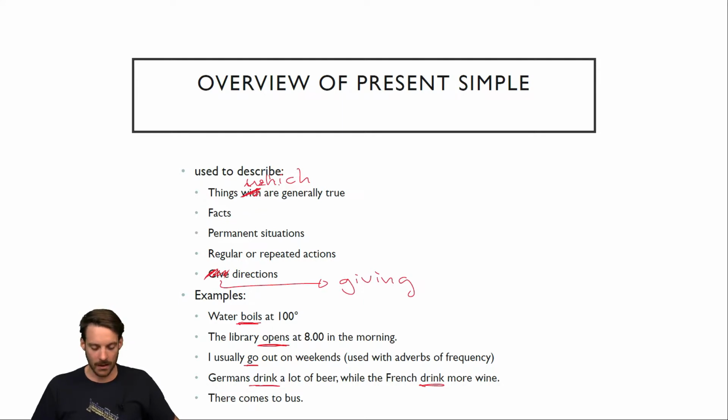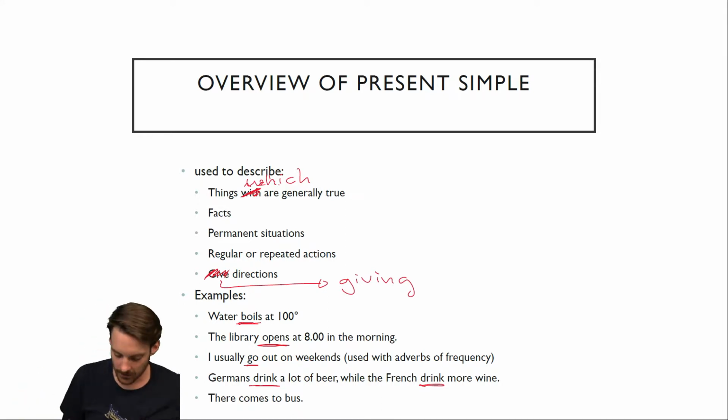And another important thing: if you're waiting for the bus and the bus approaches you, and you want to tell people that the bus is approaching, you formulate it as follows: there comes the bus, or there leaves the bus, and so on.